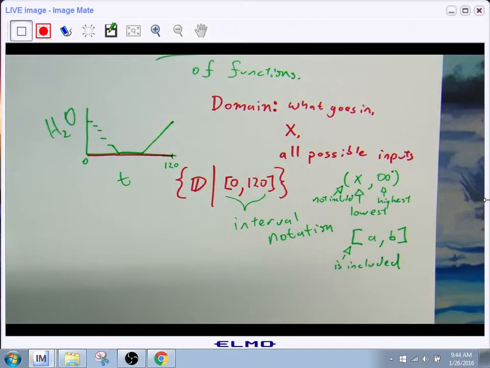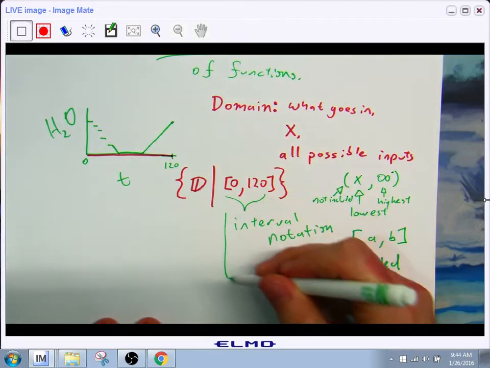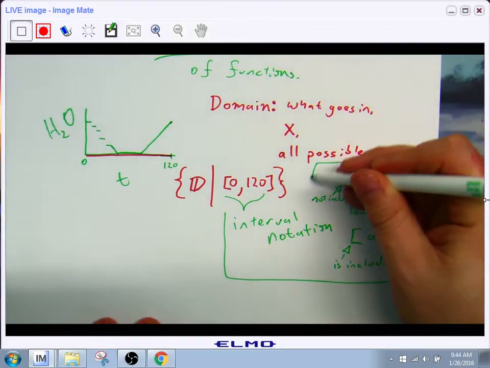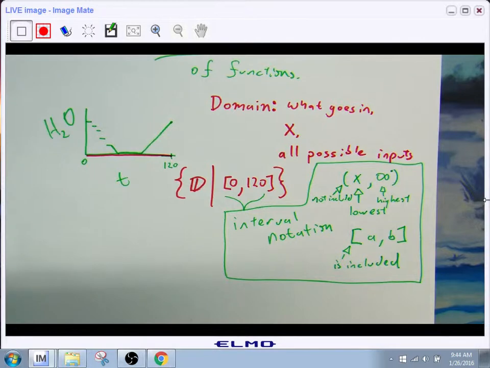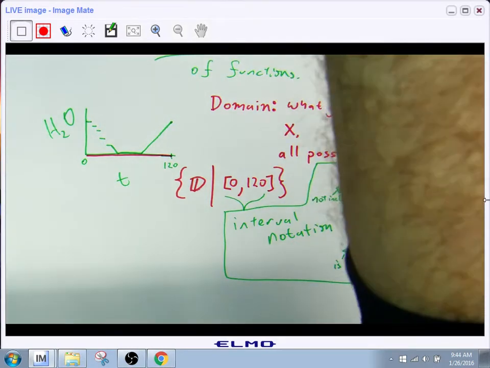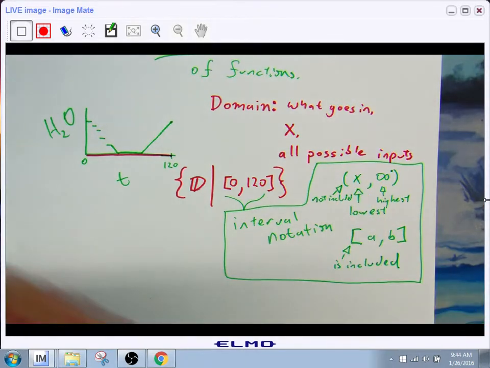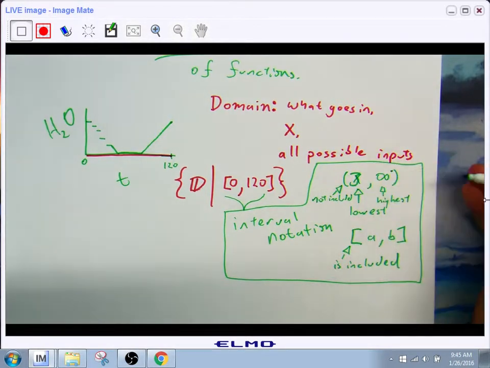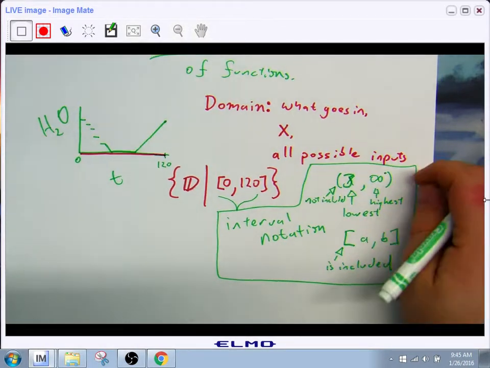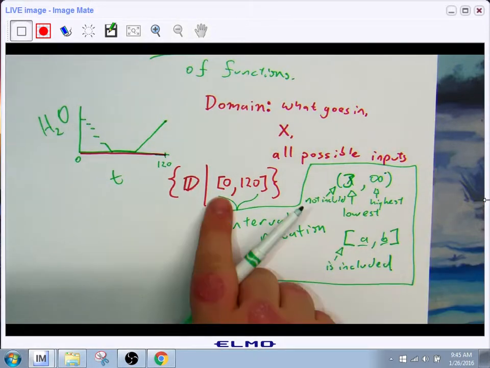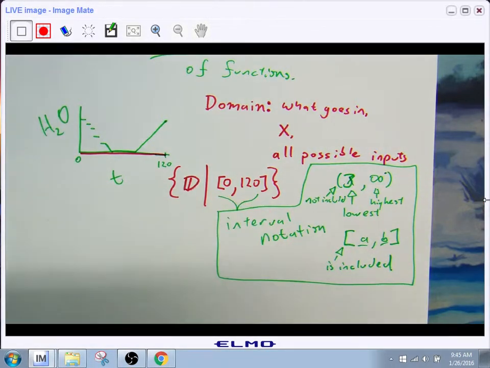Okay, that's a little refresher on that. So with the parentheses, it's just picking a variable, and this could be any number. Typically this would be something like 3 to infinity or something like that. It doesn't matter what number it is. In this case it's 0 to 120 inclusive. Okay.